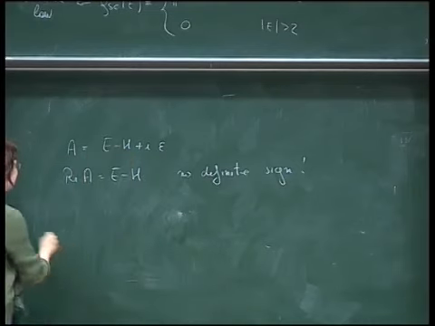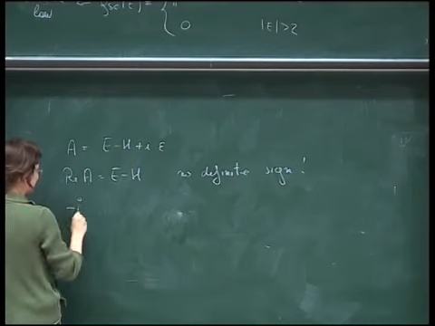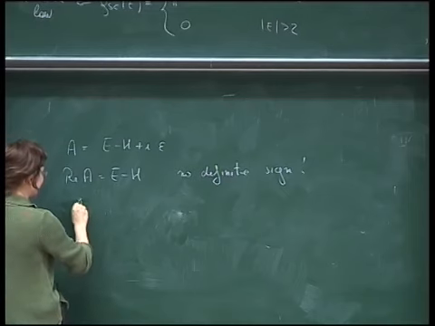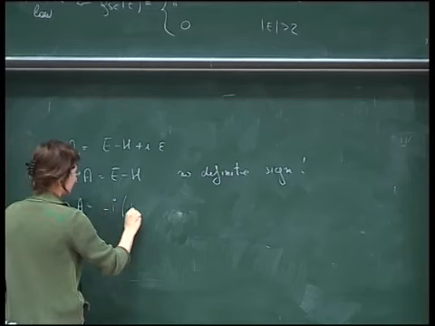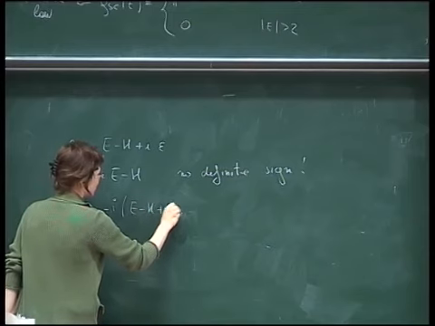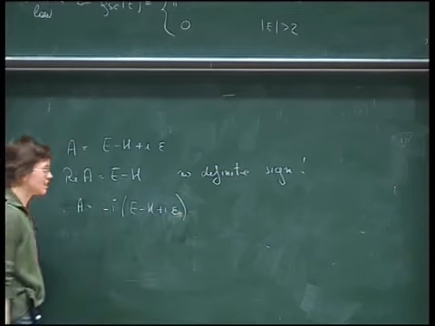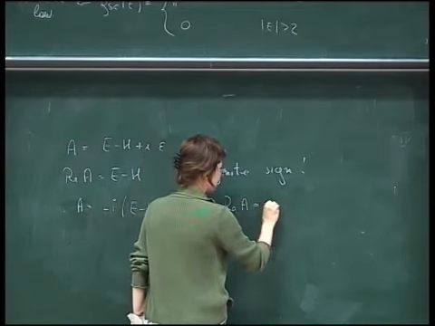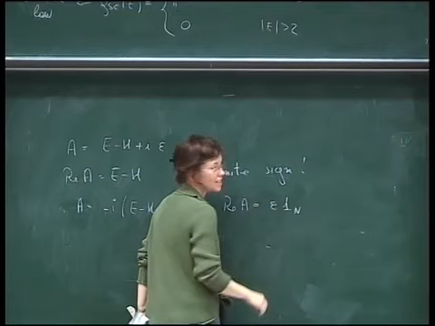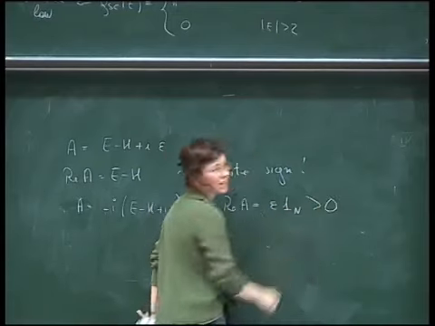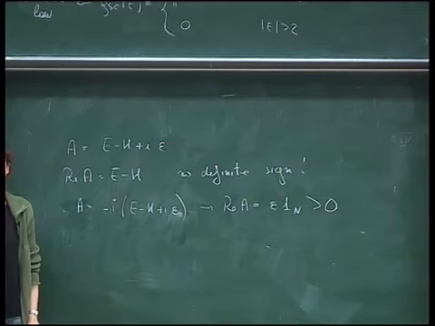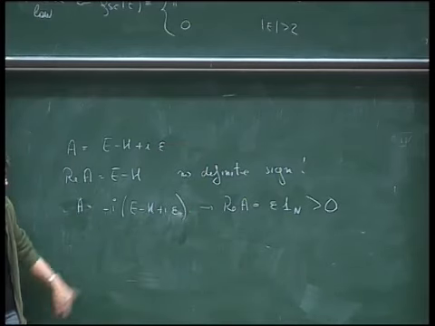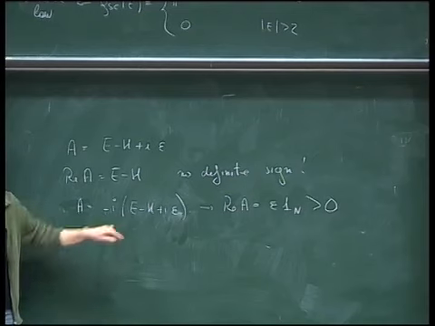But if I take A equal to minus i times (E plus i epsilon minus H), then the real part of A is epsilon times the identity. And that's certainly positive. So I can apply the formula, but I have to use this matrix.